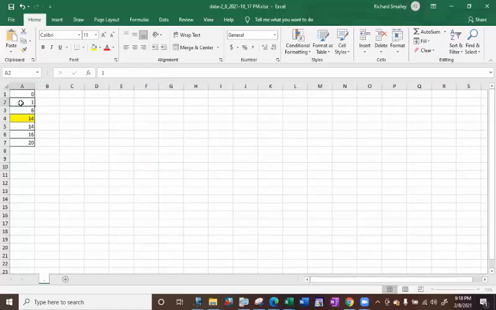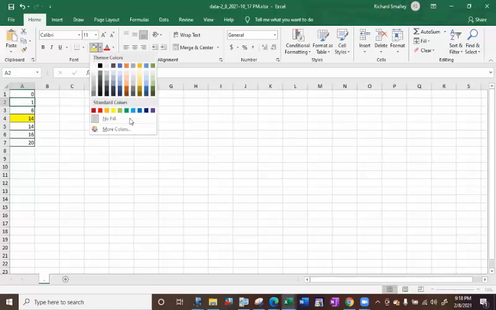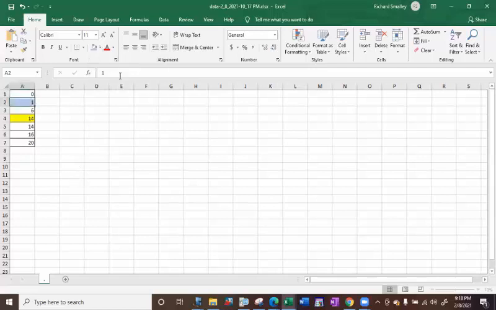Yeah, you might have more numbers than this on an exam question. Most likely you will. Let me give that a different color. Too dark. There we go. So there's the Q1, the lower half, the last 3 numbers, 14, 16, and 20.